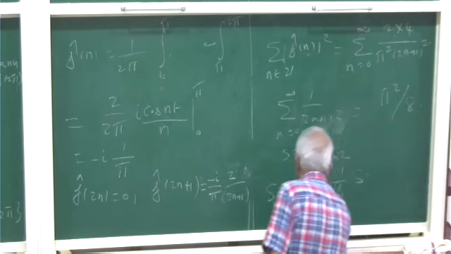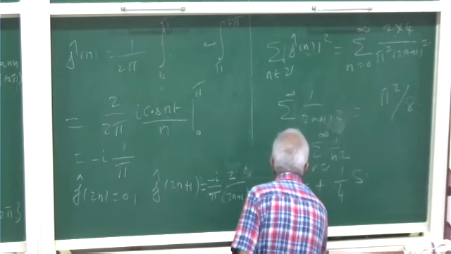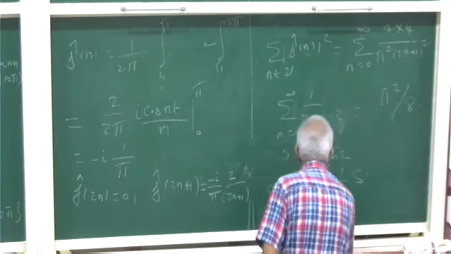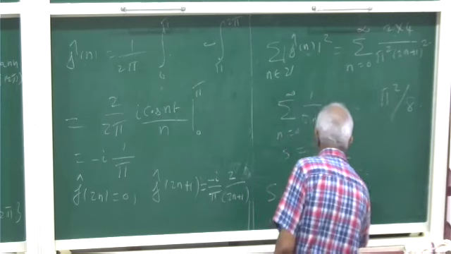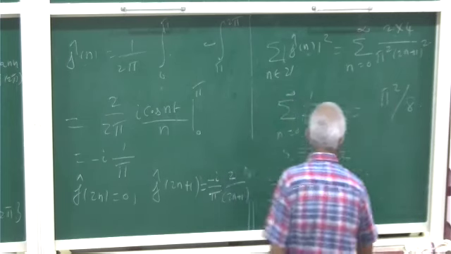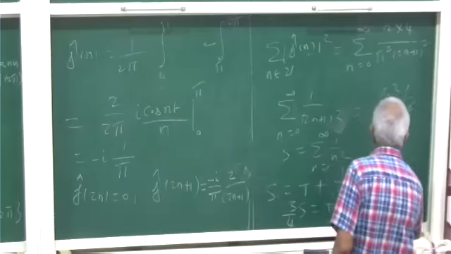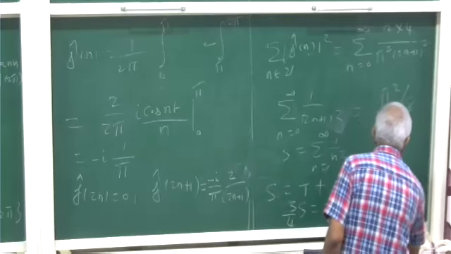So this implies 3 by 4 S equals this, which is what we have got. So S is equal to 4 by 3 into 8.